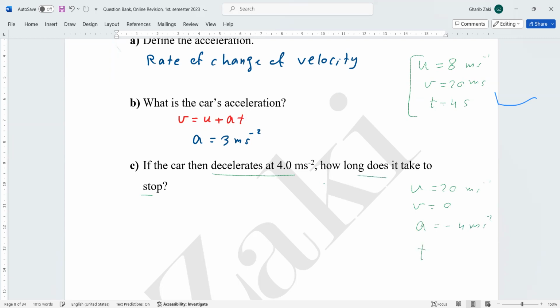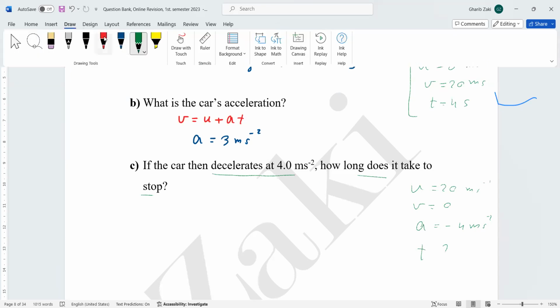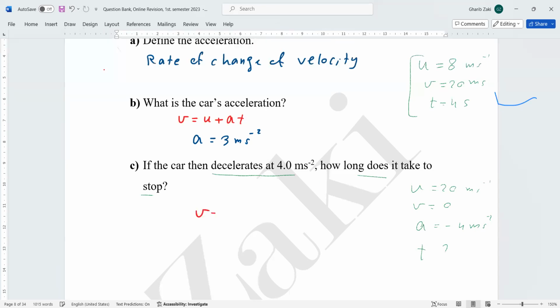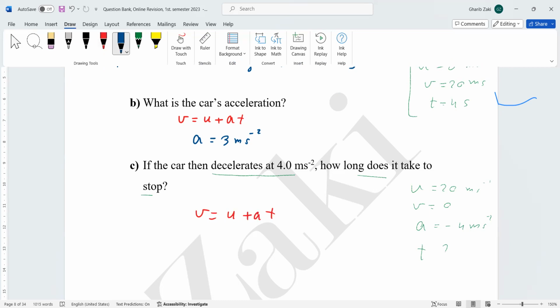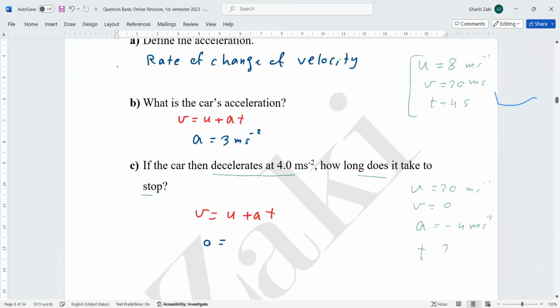We need the time, so we use the formula V equals U plus at. V is 0, the initial velocity is 20, plus negative 4 multiplied by t. From this equation, t will be 5 seconds.